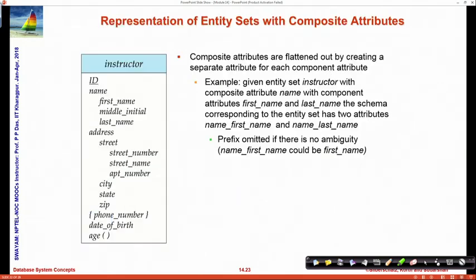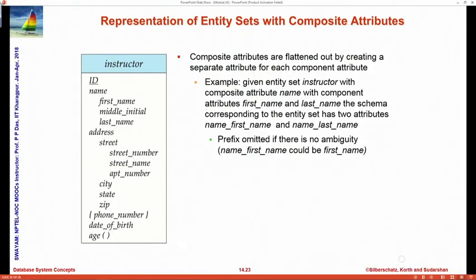Let us look at how we deal with composite attributes, because so far we had assumed that the relational schema has attributes and every attribute has a domain, the type from where its values come. So, if I have a composite attribute where every attribute has a set of components, then the easiest way to handle this is to what is known as flatten the composite attribute.